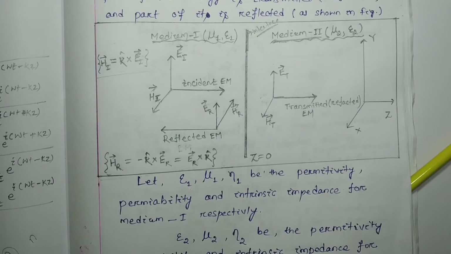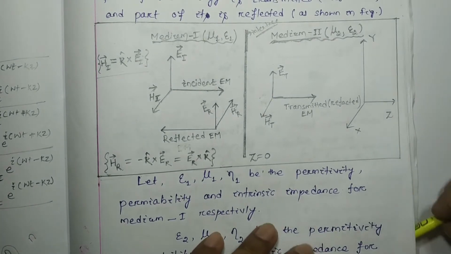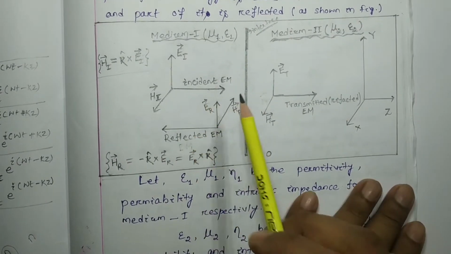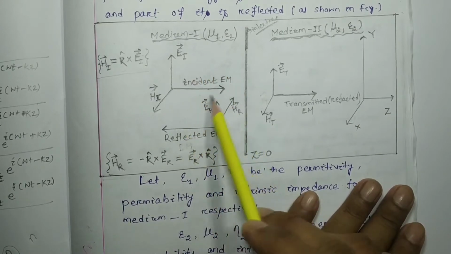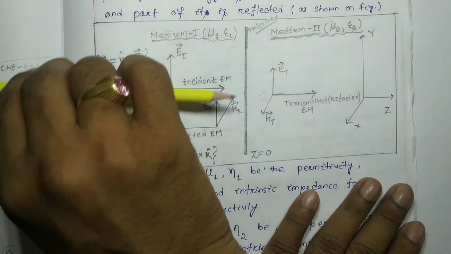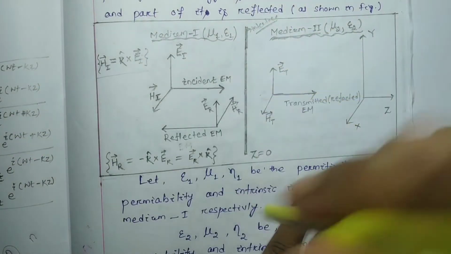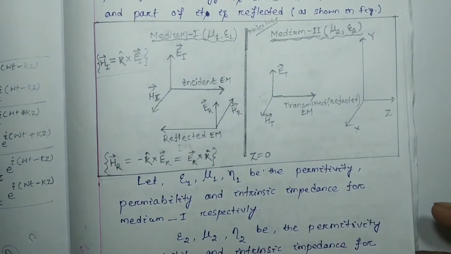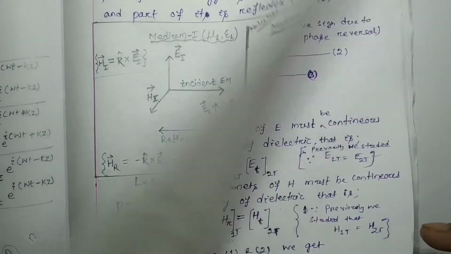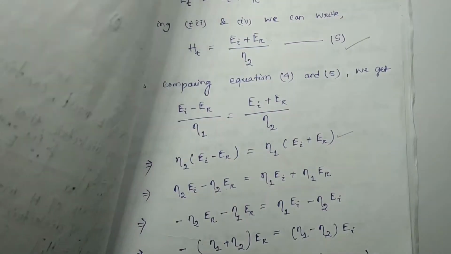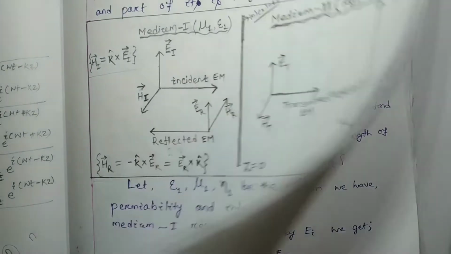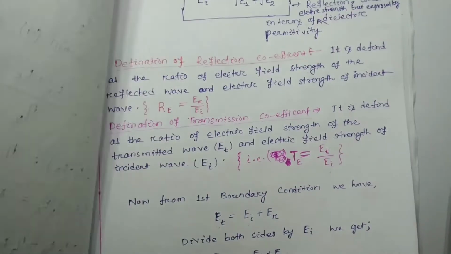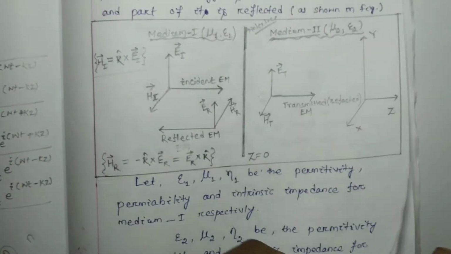So the incident electromagnetic wave strikes the interface normally, and we discussed its reflection coefficient and transmission coefficient in terms of the electric and magnetic fields.